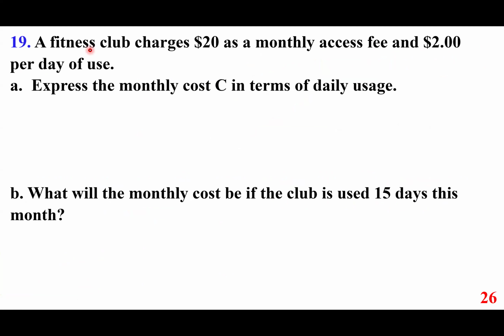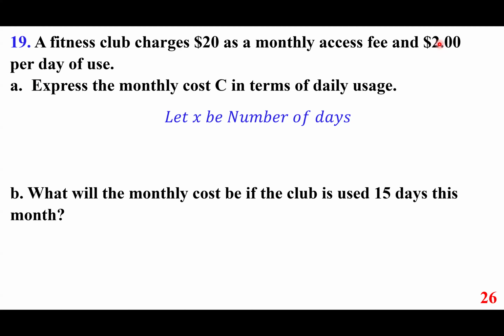A fitness club charges $20 as a monthly access fee and $2 per day of use. Express the monthly cost C in terms of daily usage. Well, you have to introduce a variable. You let something, for example, X, represent the number of days. So they charge us $2 per day.